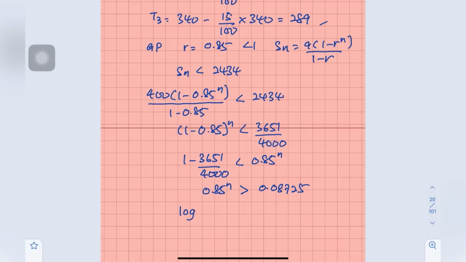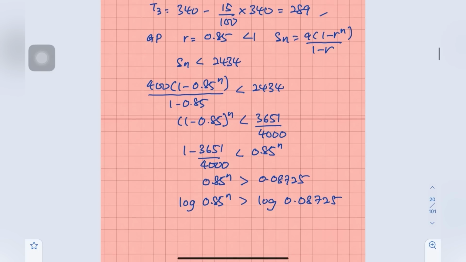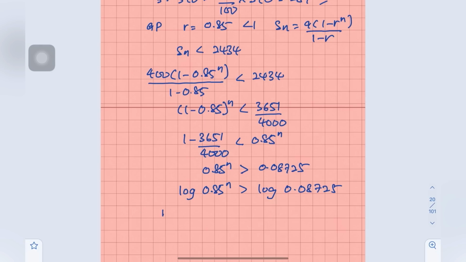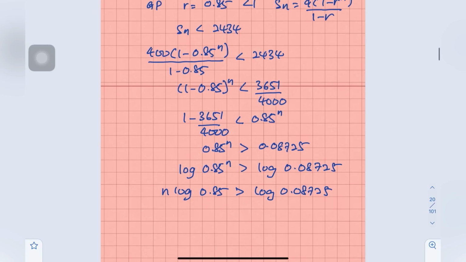So n log 0.85 is more than log 0.08725. Log 0.85 is negative and log 0.08725 is negative as well, so the sign changes: n is less than log 0.08725 over log 0.85.